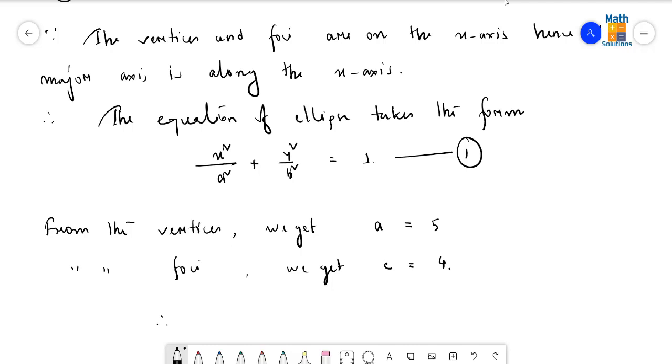Therefore, what will be b? We know the relation: actually, we need b square, which is a square minus c square. So it is 25 minus 16. The result will come as 9. Yes or no? So this value we can put in the main equation.